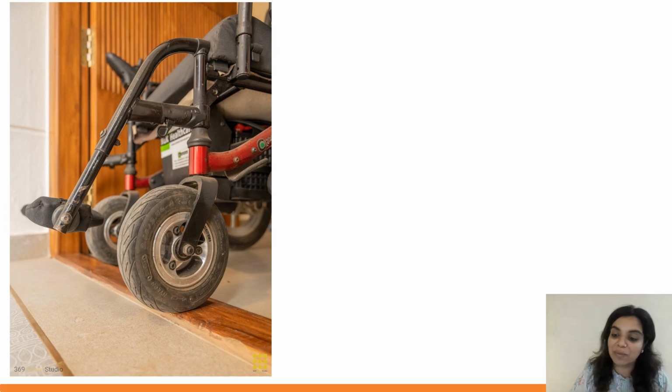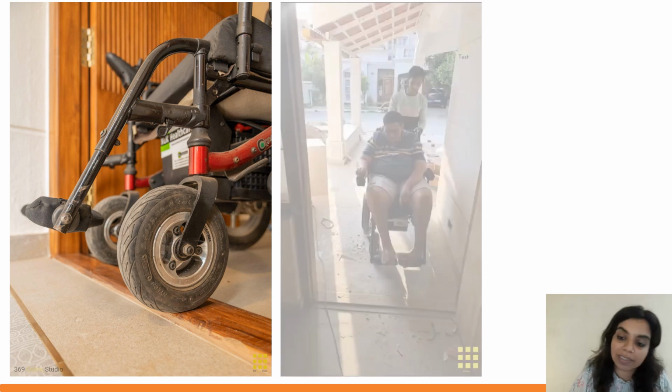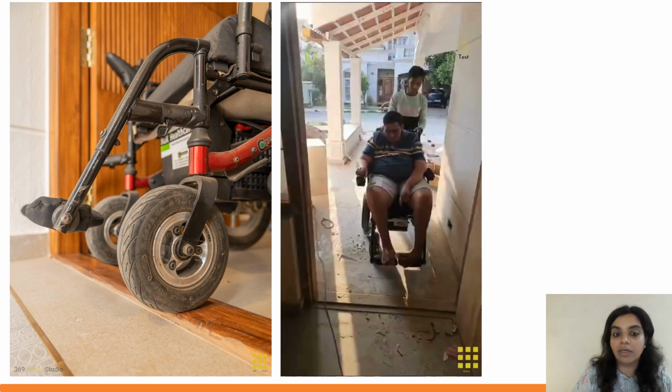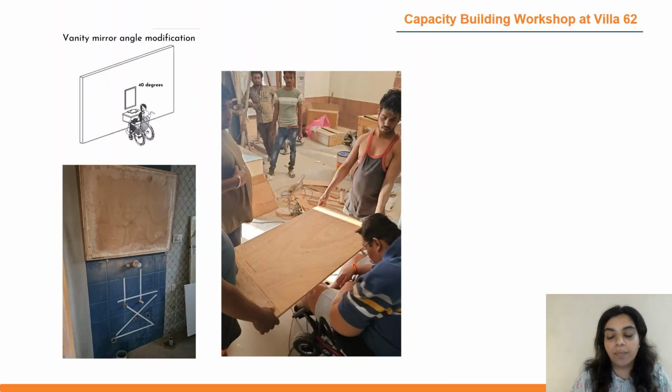So we invited Mr. Vinith Shetty to go around the entire space and help us understand what would be better to improve with his specific requirements. I think the vanity was something that we had not gotten right during our work. So we tested it by just using wood and testing it, seeing the height at what he requires.